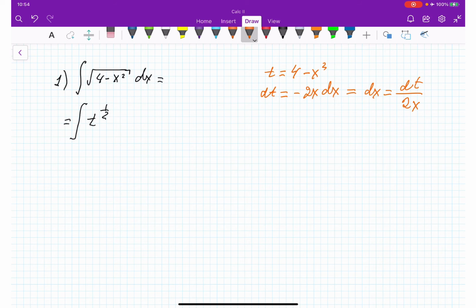Here is the thing. I substituted t to get rid of x and work with t. But as you can see, I didn't get rid of x, which means this substitution is not going to work. So I am turning around.